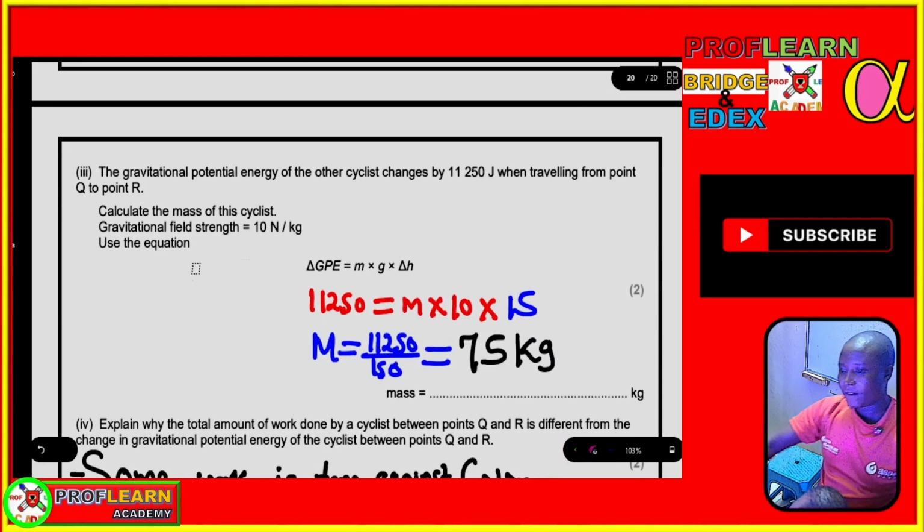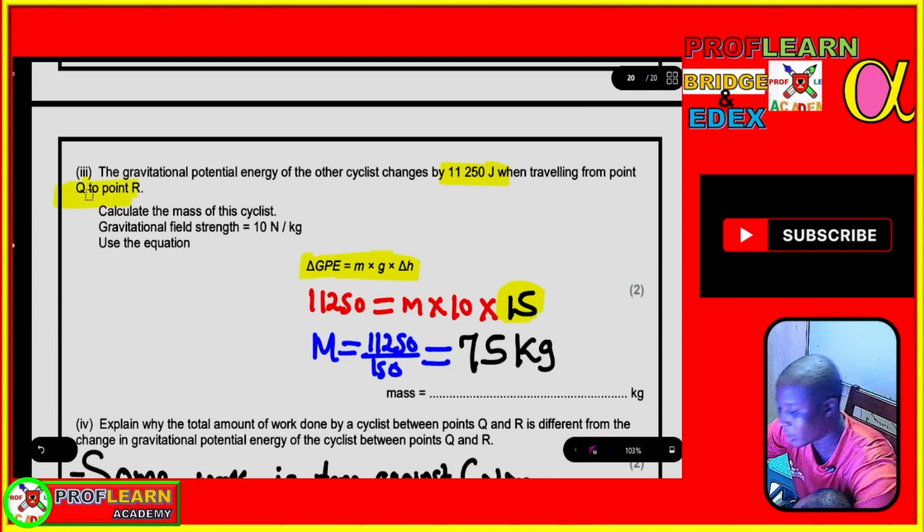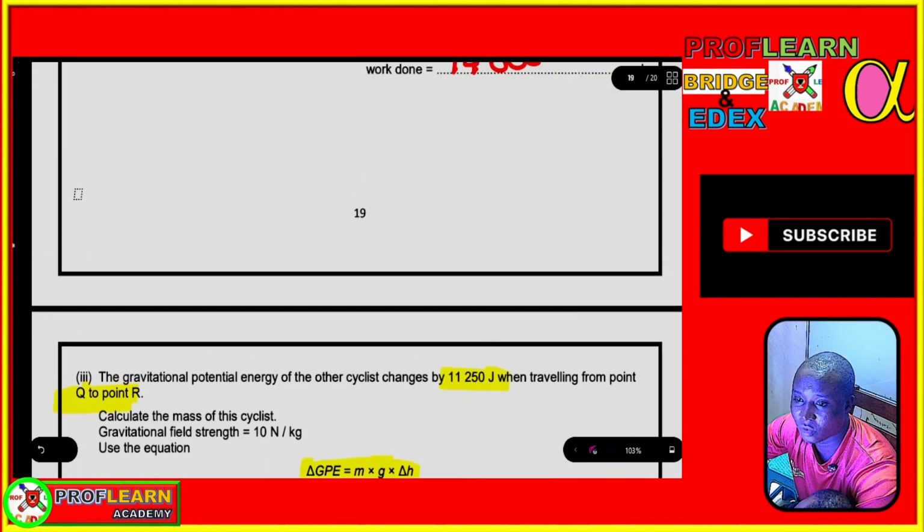And if you are working out the mass, you can use the formula GPE is equal to mgh. Since we know the GPE for this case is given here, and we know gravity and we know the height, which is 15 meters, that's from Q to R. We are just going to read those values from the graph.